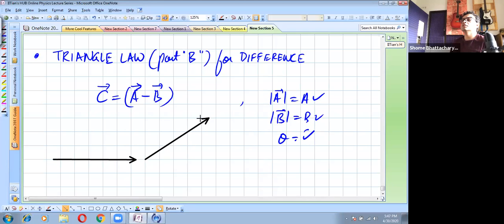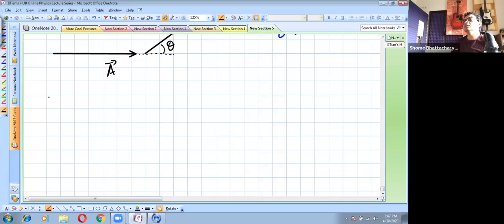So you know the lengths of these two arrows, and this angle is theta. Now how we calculate the difference is that we interpret A minus B as the sum of A plus of minus B.